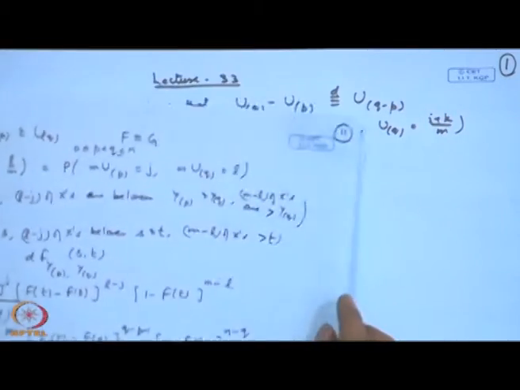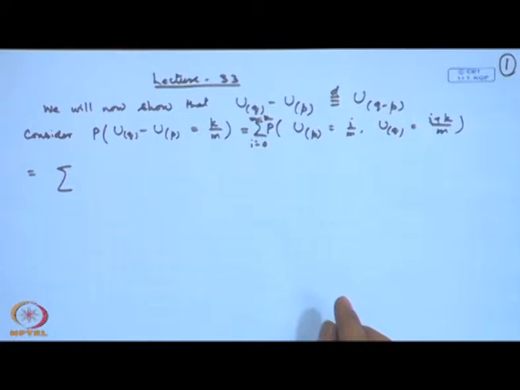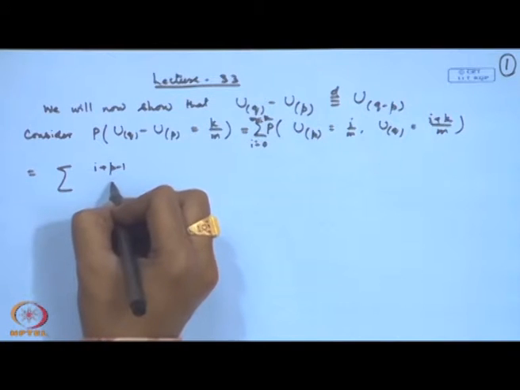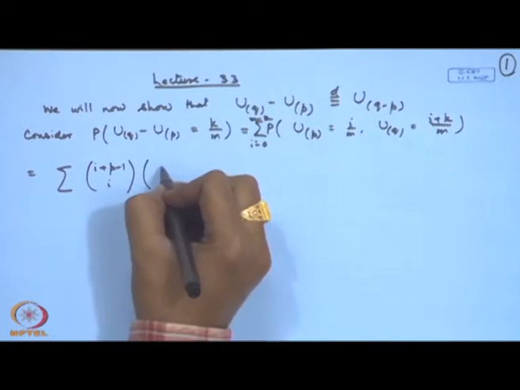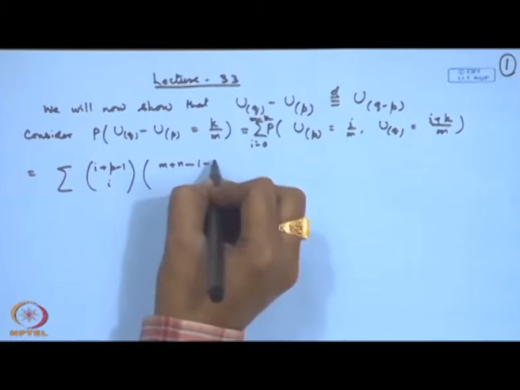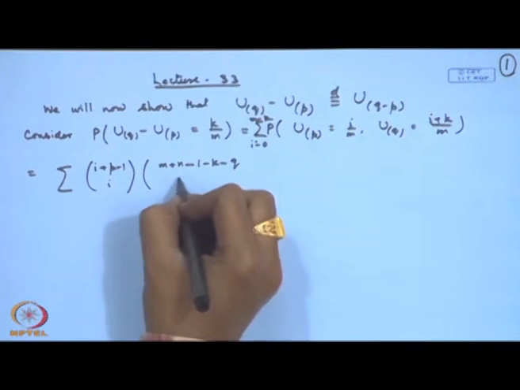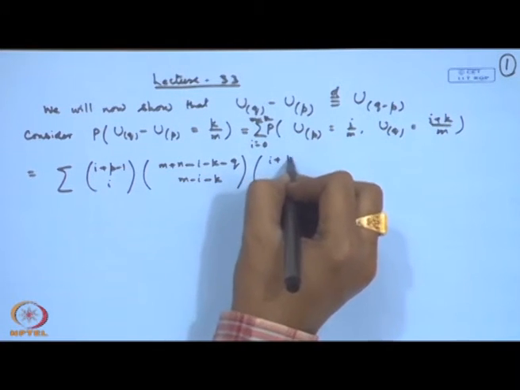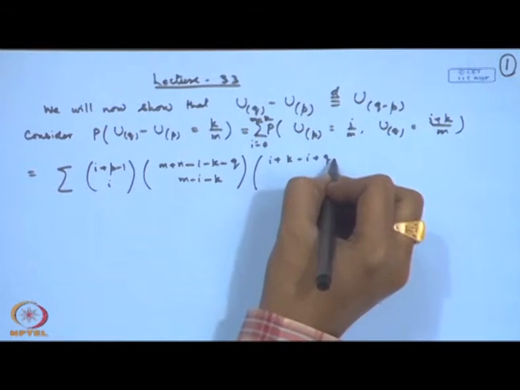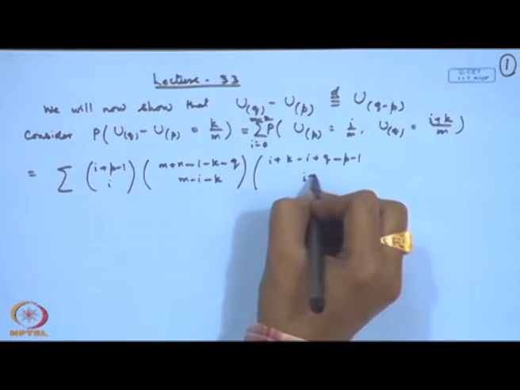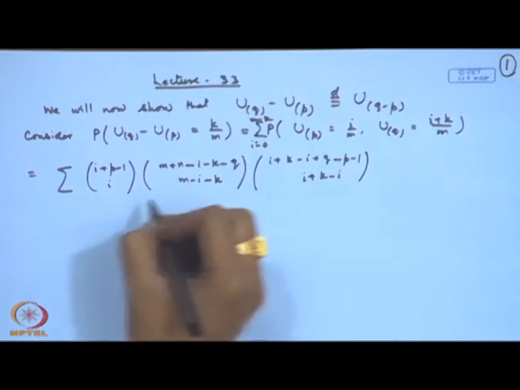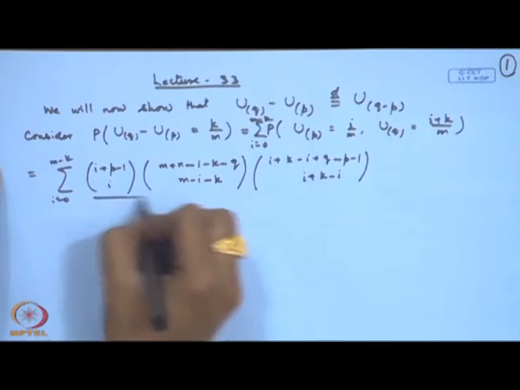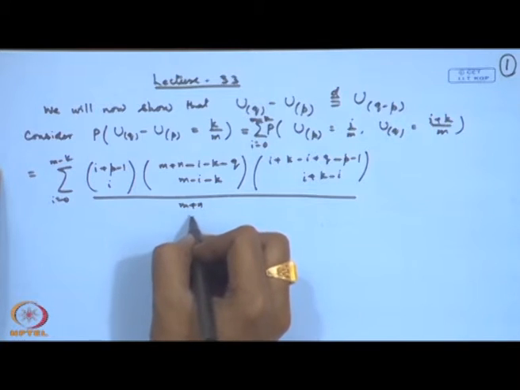When we do that, we will get the expression as I plus p minus 1 c I, m plus n minus I minus k minus q c m minus I minus k, I plus k minus I plus q minus p minus 1 c I plus k minus I, sum over I equal to 0 to m minus k, divided by m plus n c m.